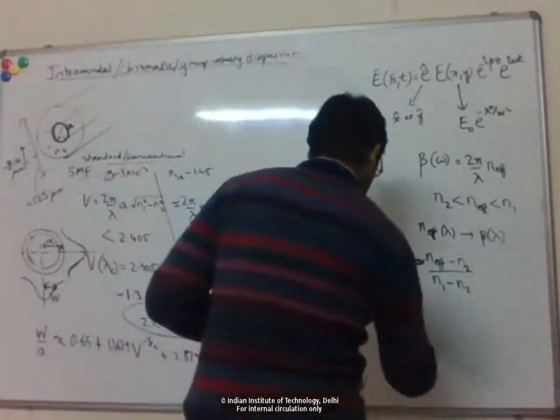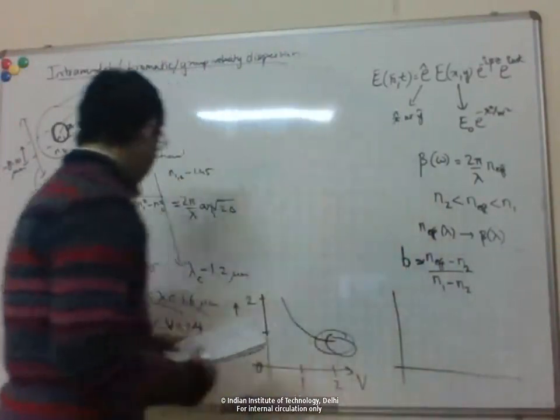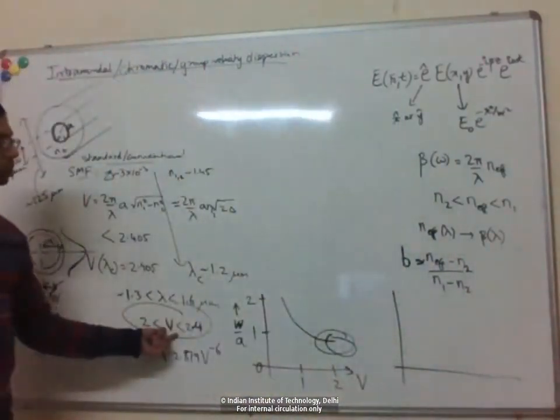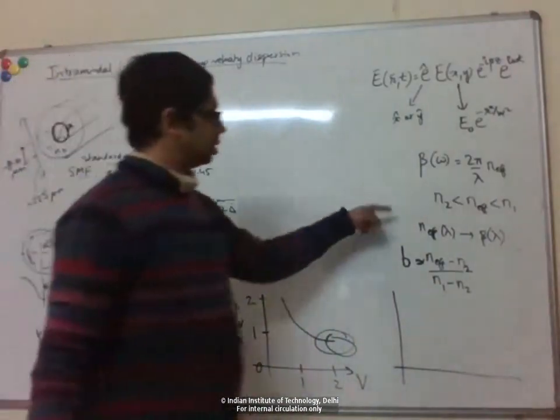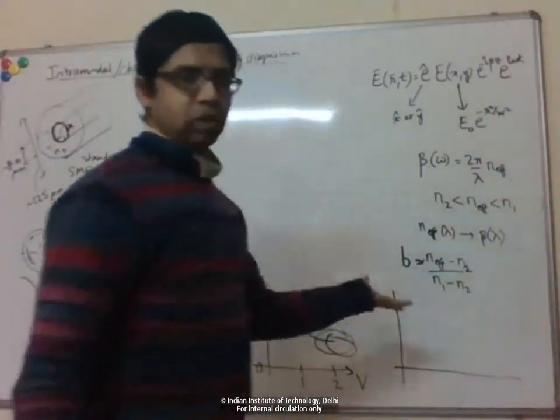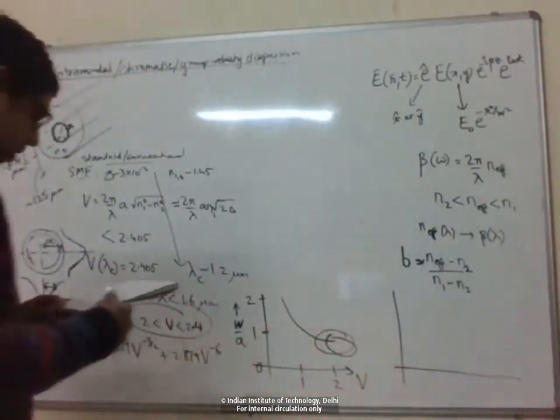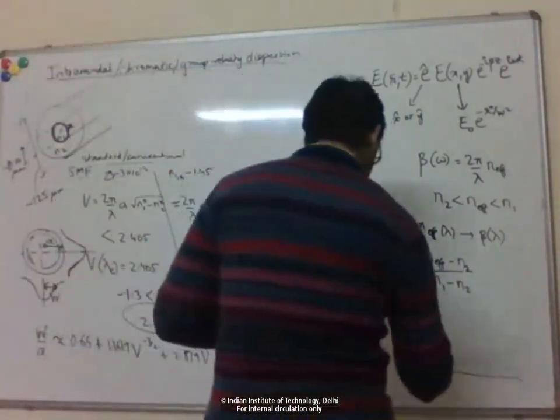For a given fiber, for a given V number, one could solve for this B for the fundamental mode, and you get curves like this.